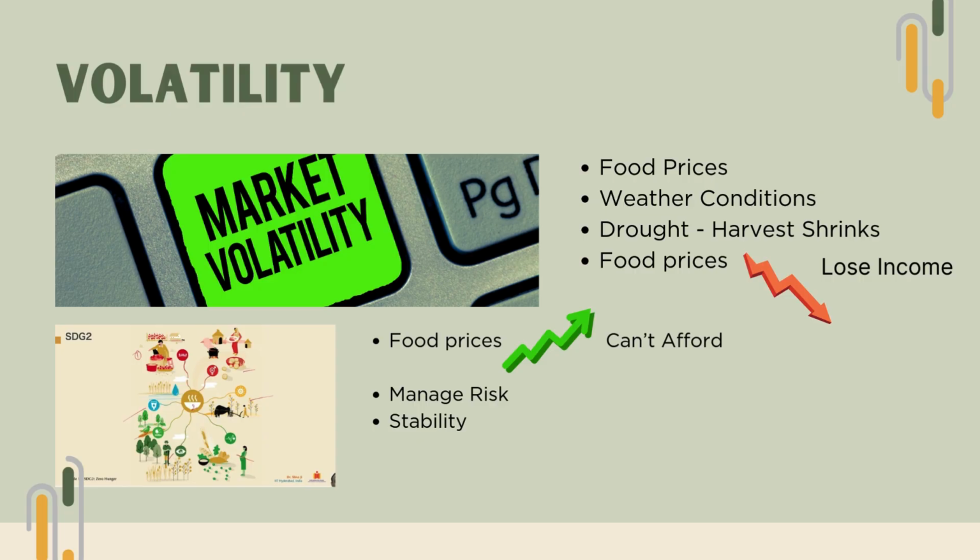So this cycle creates instability not only for individual farmers but also for governments trying to manage food supply and demand. In other words, hunger is not only about producing enough food but also about managing risk and ensuring stability.